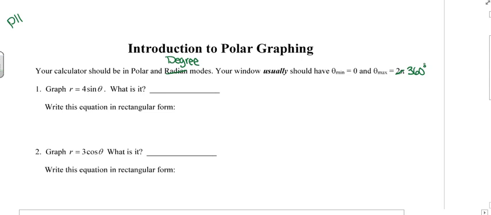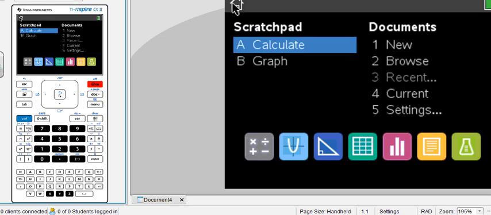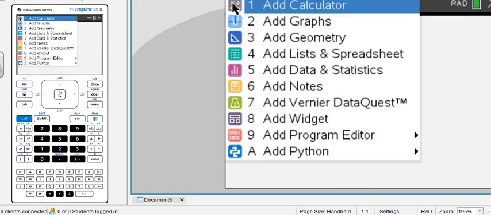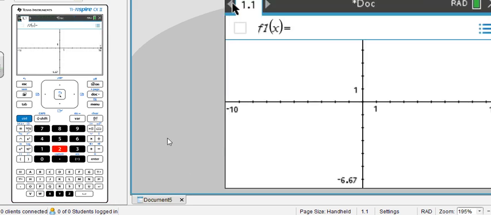All right, so we want to graph this very first equation, but again, the very first thing that I'm going to do before I do any graphing is to put my graphing calculator in the correct modes. So to put it in degree mode, I can open up a new graph. When I add a graph, notice that I am in radians.